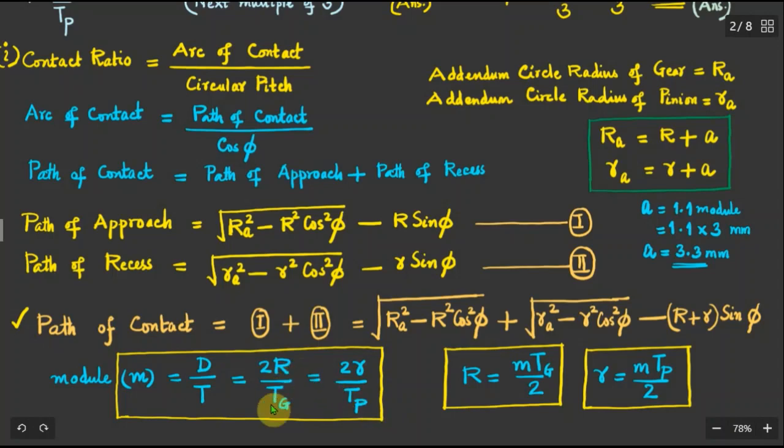Therefore, we will get capital R is equal to M into Tg by 2, and small r is equal to M into Tp by 2.